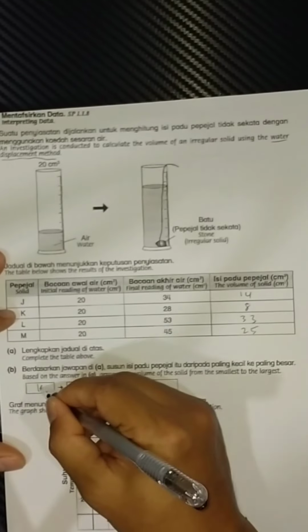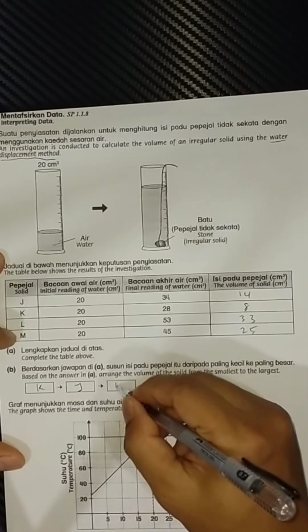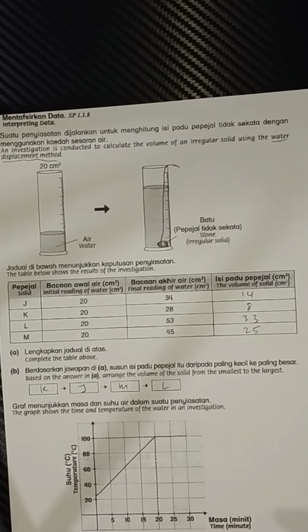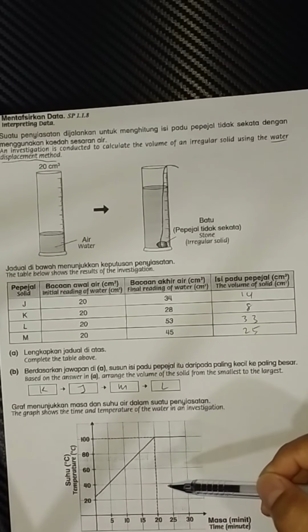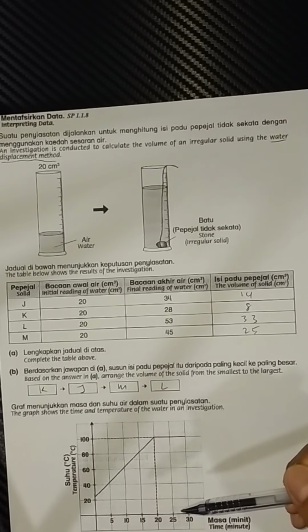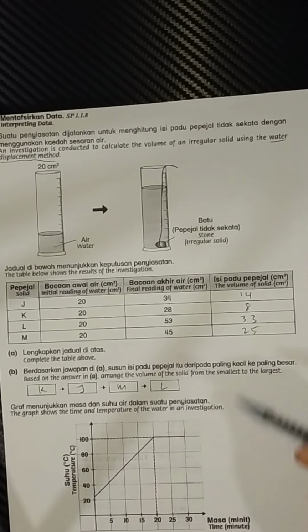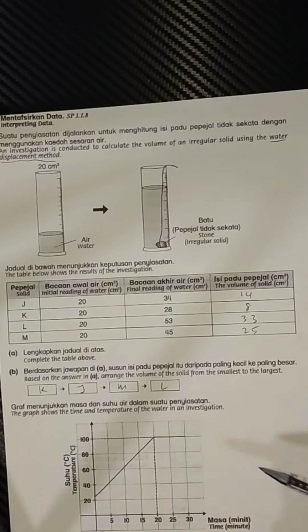So we put here K, J, M and L. Okay, so until next, this question I will give you later with the video explanation. Okay, I hope you finish all my work. Alright, that's all. Thank you.